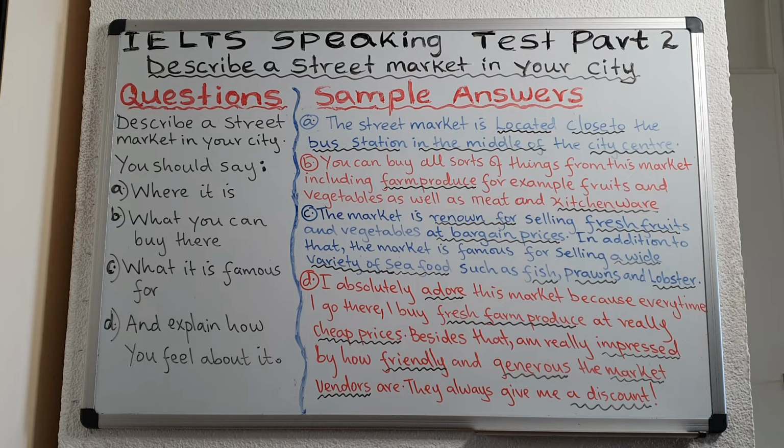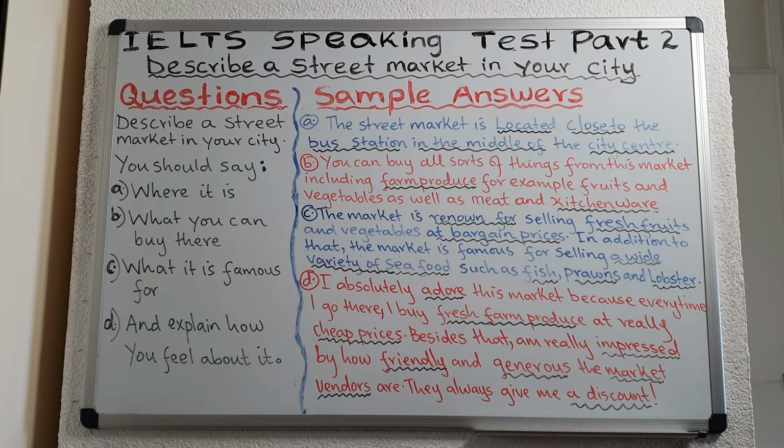Kitchenware means all the cutlery, all the things that you use to cook or prepare food in the kitchen. For example, you have plates, cooking pans, knives and forks, spoons. All those are examples of kitchenware.